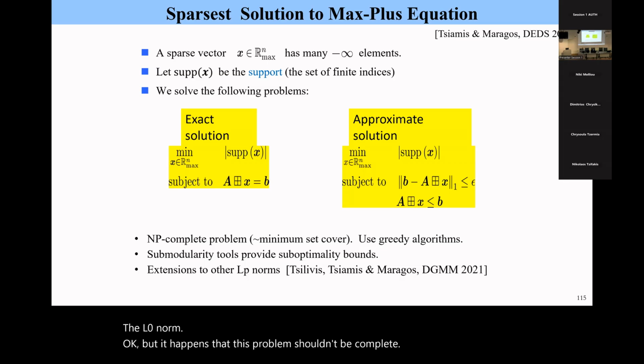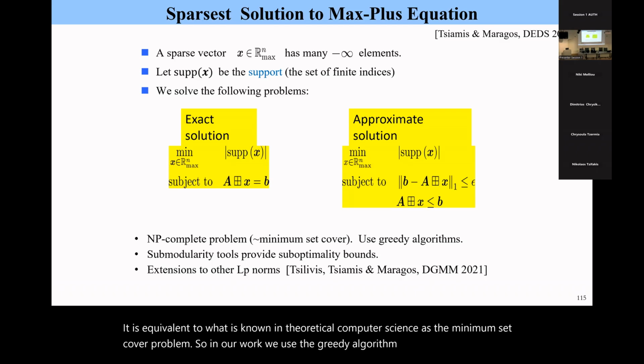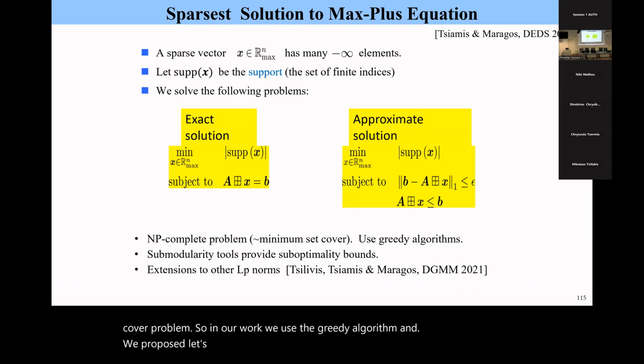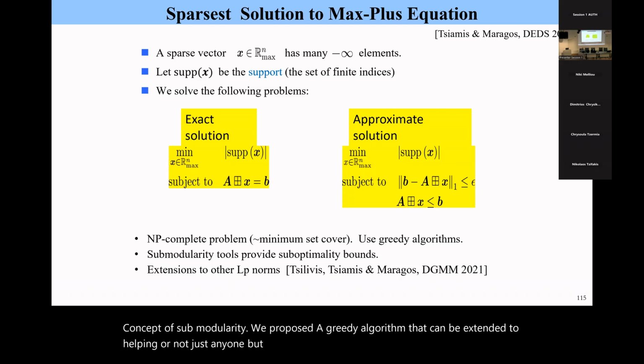It is equivalent to what is known in theoretical computer science as the minimum set cover problem. So in our work, we use a greedy algorithm, and using the concept of submodularity, we proposed a greedy algorithm that can be extended to Lp, not just L1, but other norms, to achieve these sparse solutions.